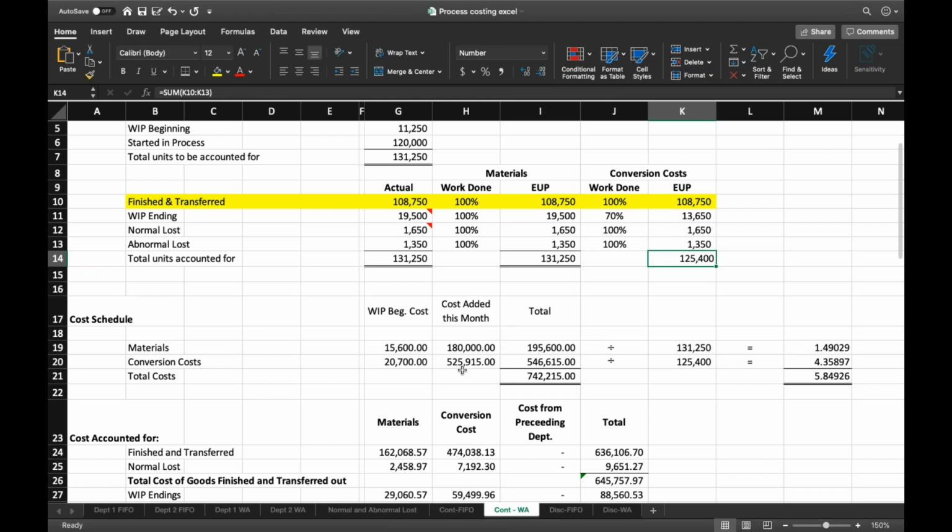And then, another difference sa FIFO and weighted, the work in process beginning cost is added to the cost this month. Kaya yung numerator natin na i-divide sa EUP natin, kasama na yung beginning cost natin. Work in process beginning cost. Okay? That's the difference. Kaya magiging iba yung kanyang per unit.